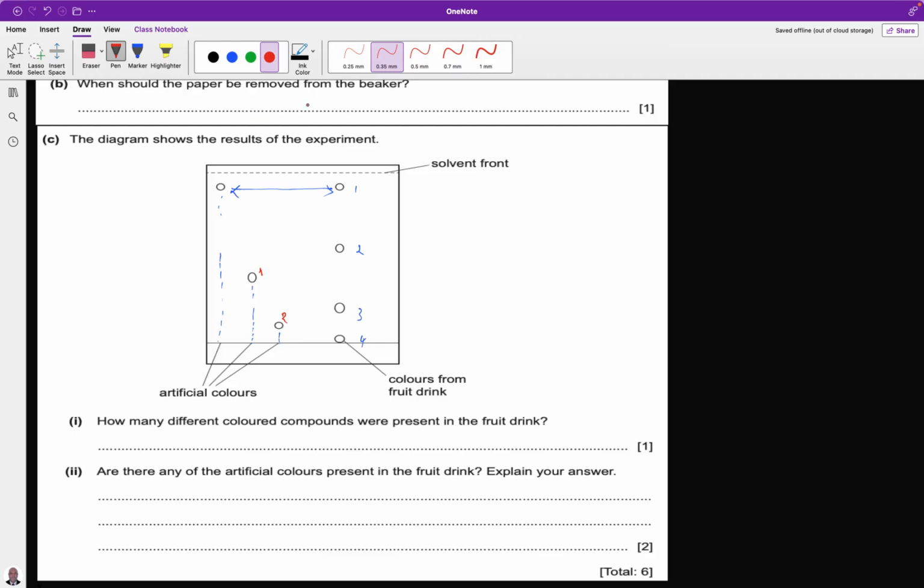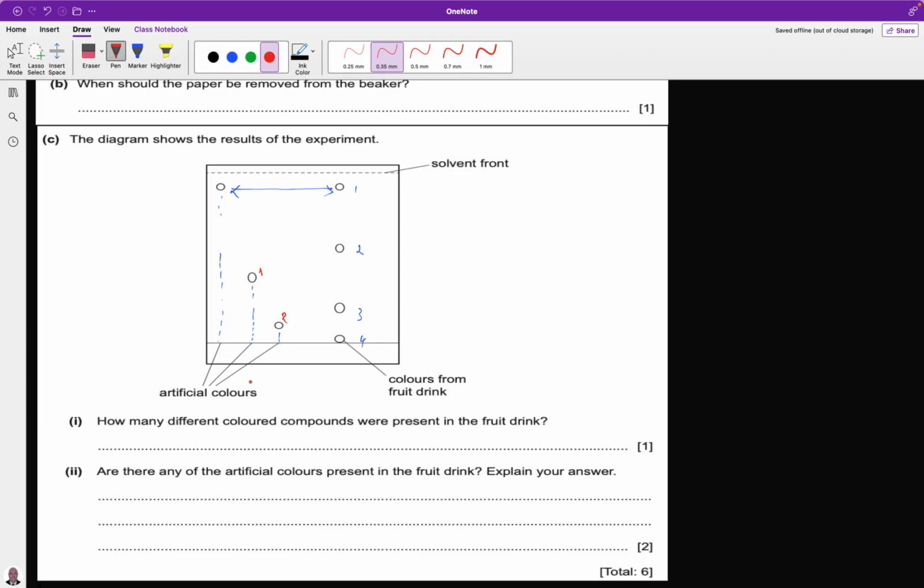Because if we calculate the distance that this one here has traveled and the one that this one has traveled, since they have traveled the same distance, they will have the same RF value. So we can say yes, because one of the colors has traveled up the same distance as that in the fruit drink. Or we can say yes, because one of the colors has the same RF value as another one in the fruit drink. That's simple.